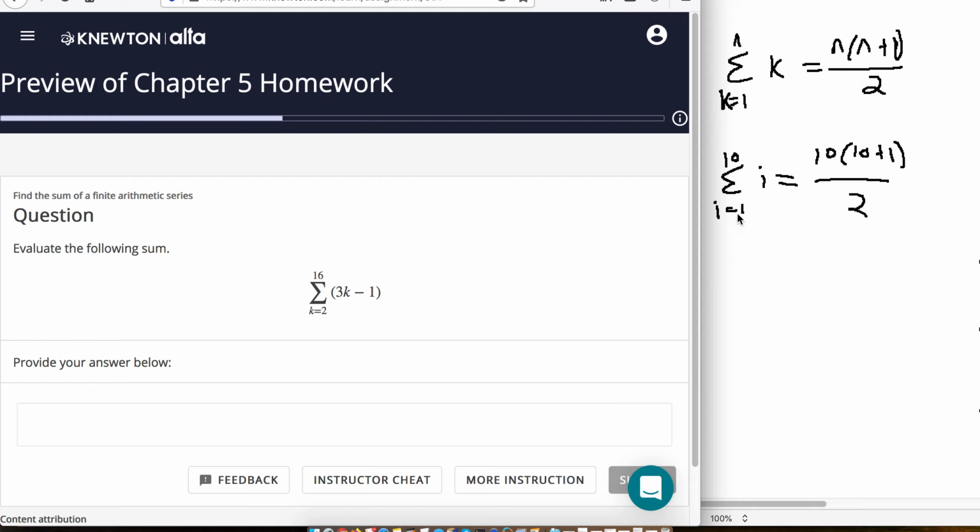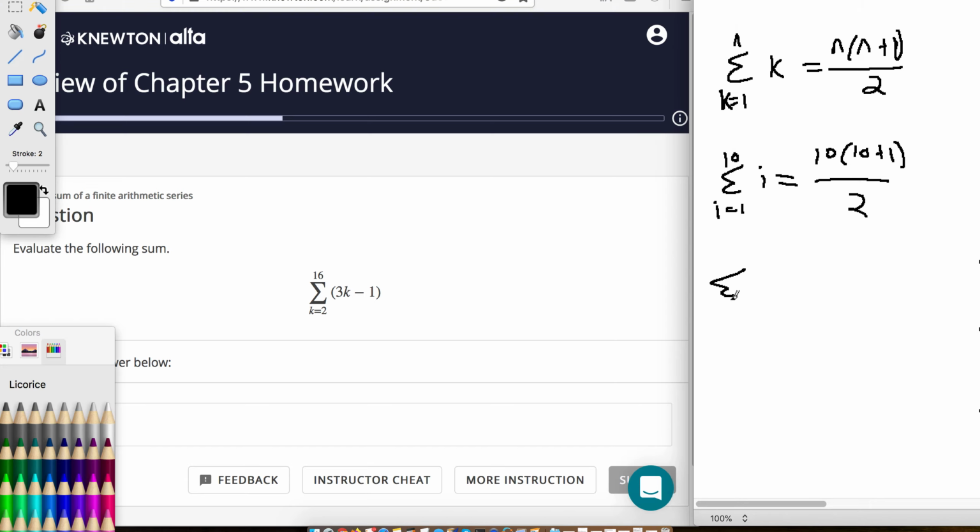Now notice the formula starts at i equals 1. So this formula starts at k equals 2. We got to back it up a step, okay? So we want to sum from k equals 2 to 16. That means we can't use my formula right now. Okay. Before we try to use it though, let's get it in a form so that it starts at 1.